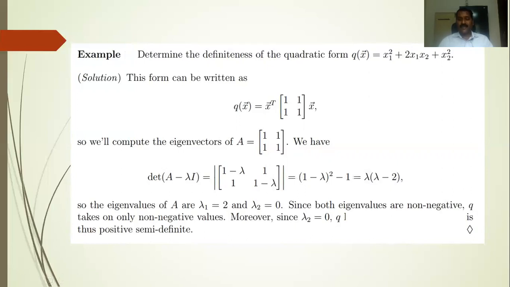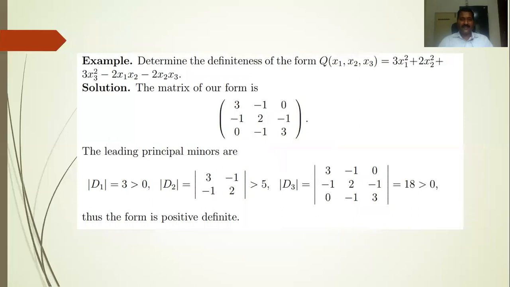We'll get lambda equal to 0 and lambda equal to 2. So at least one of the eigenvalues is 0 and the other is positive. So the eigenvalues are 2 and 0. Now what can you say about the nature of the quadratic here? At least one of them is 0 and the other is positive, so it's positive semi-definite. That is its definiteness.